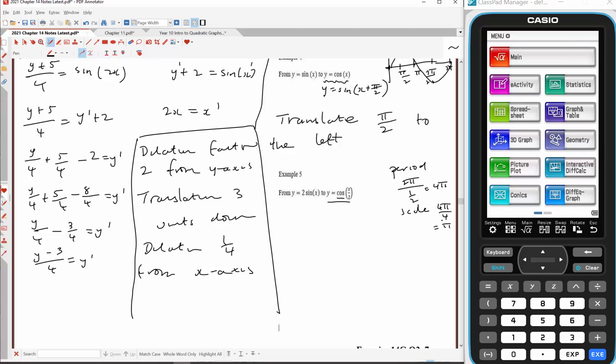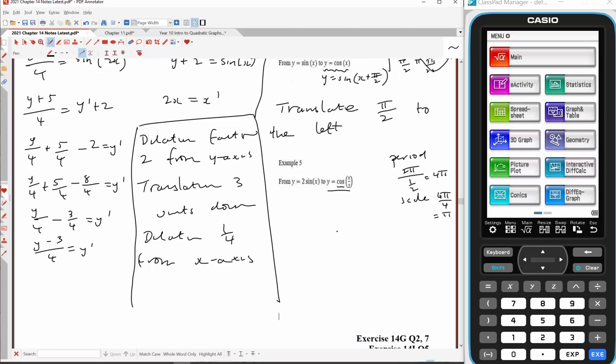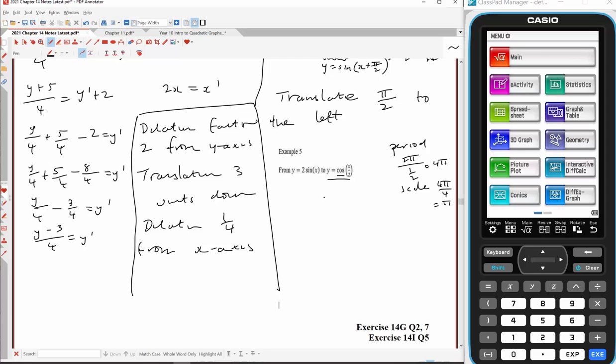This time all we'll do is use the pi. All right, so we're going to rewrite this as y equals sine of, where we see x, we're going to replace that with x plus pi, and then we've got our dilation. All right, so this graph here and this graph here should be exactly the same graph.